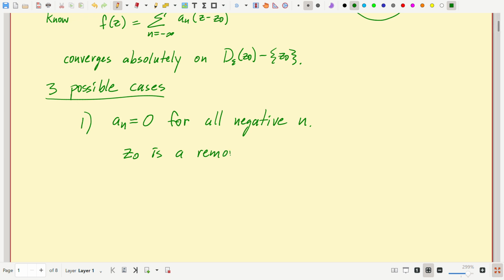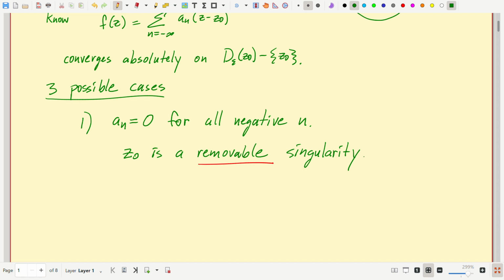And I'll explain what that means. It means I can give the function a value at the point z0, and it becomes analytic on the whole disk. So in that sense, it's removable. And I showed you an example of such a thing last time.